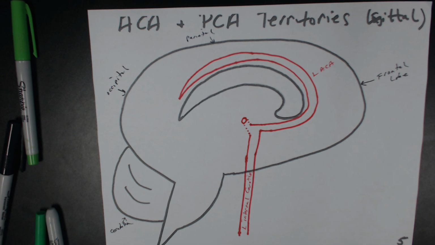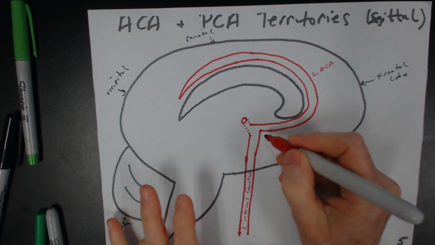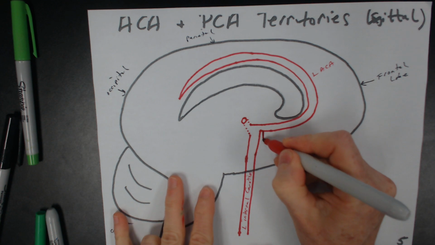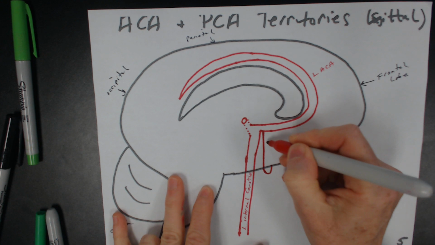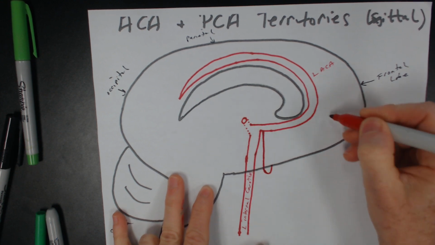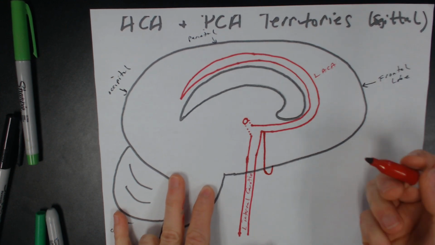Now, if I have to say which areas of the brain the ACA is responsible for, I'm going to come off the ACA and draw a little, it's going to supply most of this medial surface in here for the frontal lobe.